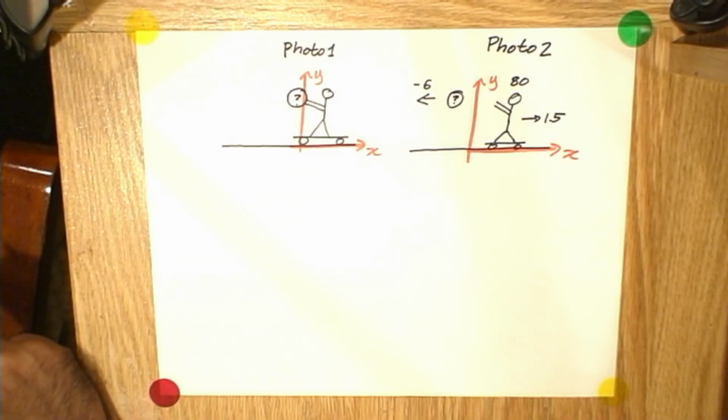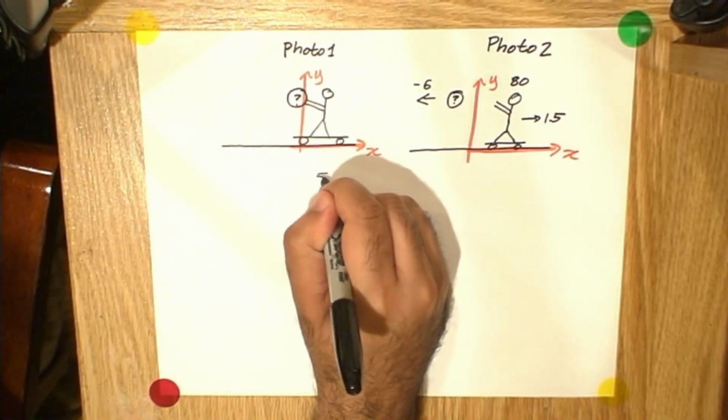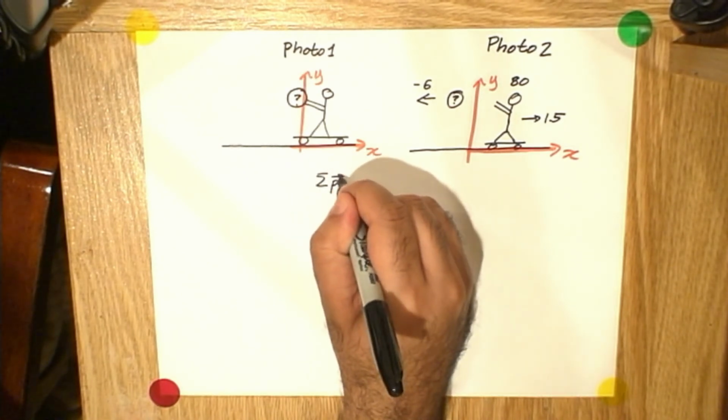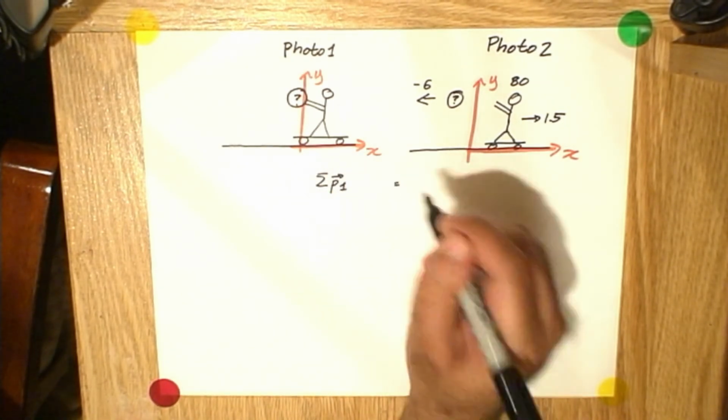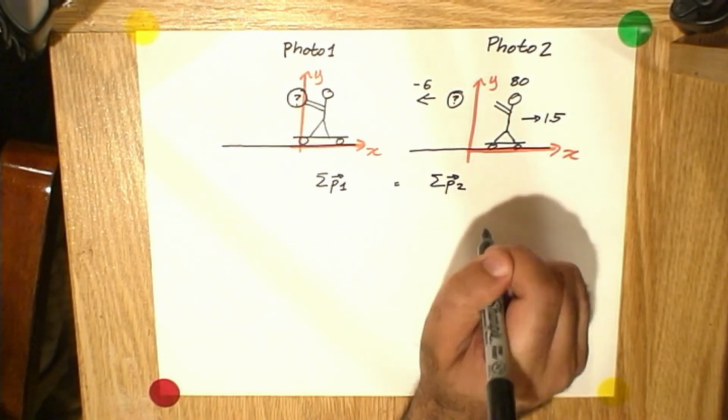Let's go ahead and solve this using conservation of momentum. The total momentum before the explosion took place equals the total momentum after the explosion took place.